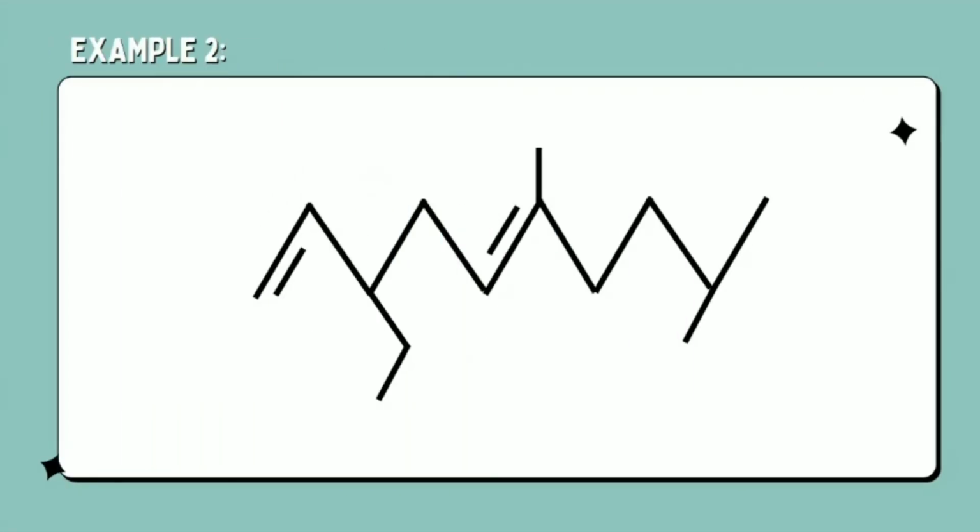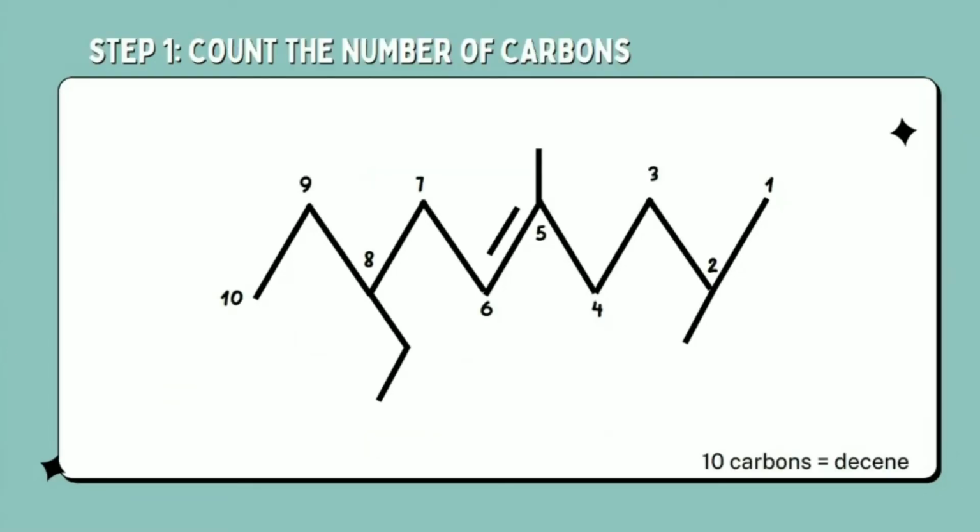Now for example number 2. This compound is different since there are some alkyl groups found in this example. You can see that this example has alkyl. We have now 10 carbons. Again, the prefix for 10 is deca, but since this is an alkene, it will now be called a decene.